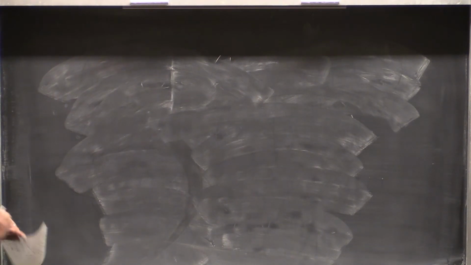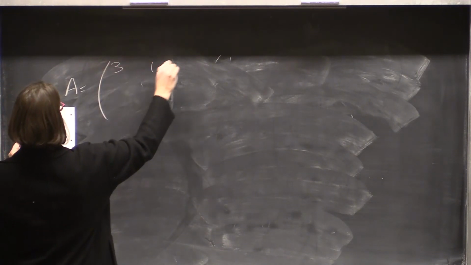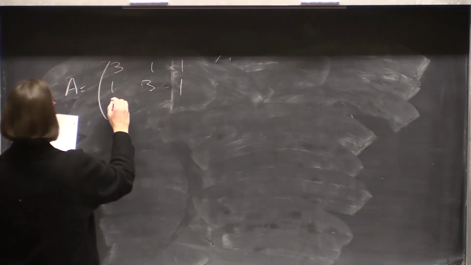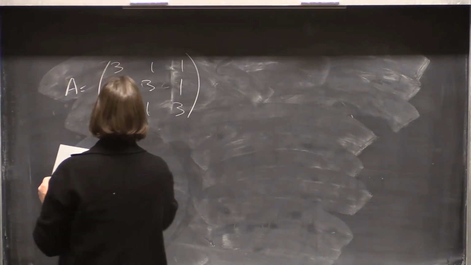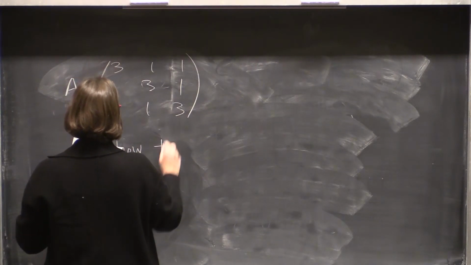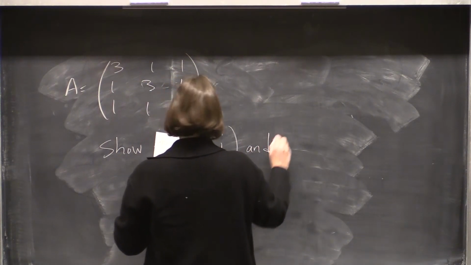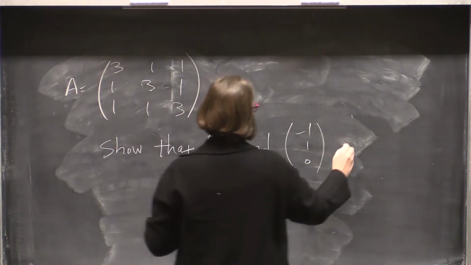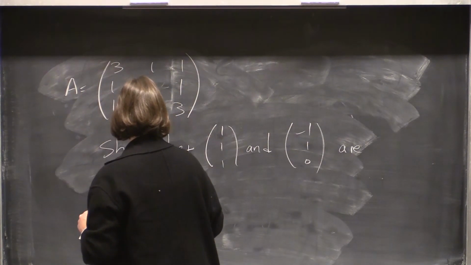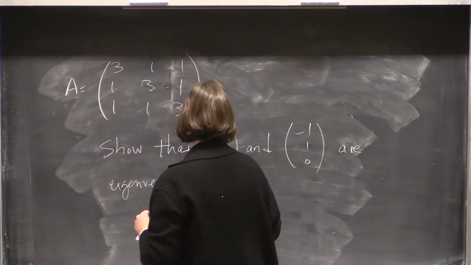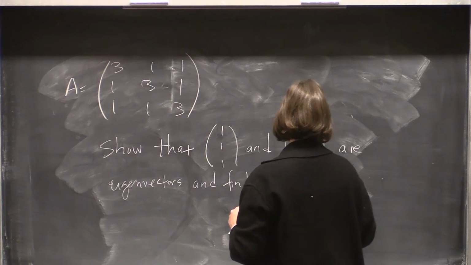So before I get into finding eigenvalues, I just want to ask you a quick question. Here's a matrix 3, 1, 1, 1, 3, 1, 1, 1, 3. Show that 1, 1, 1 and minus 1, 1, 0 are eigenvectors, and find their corresponding eigenvalues.